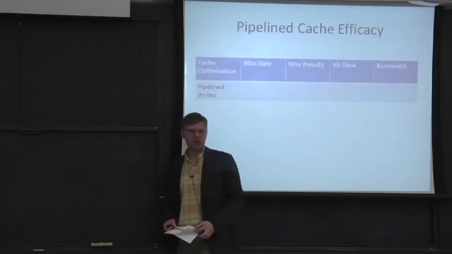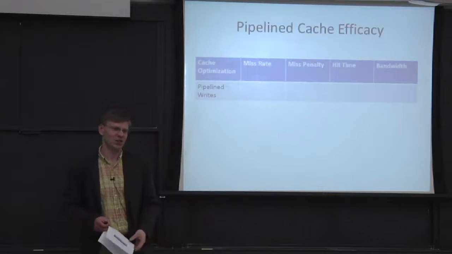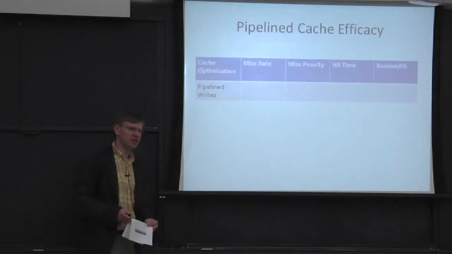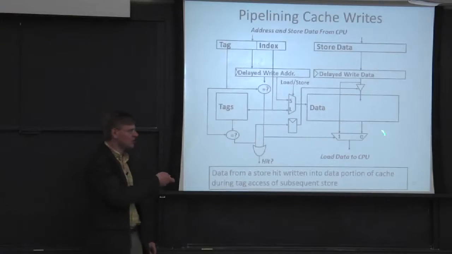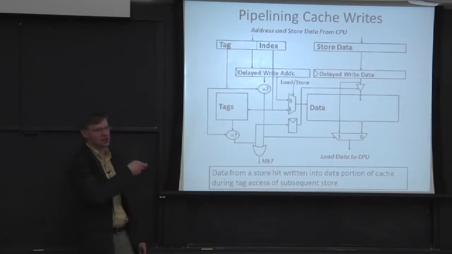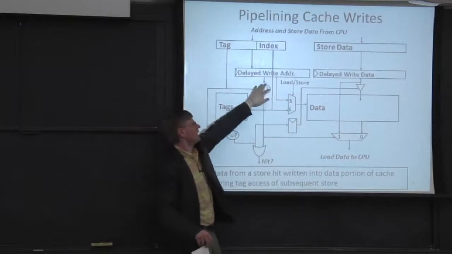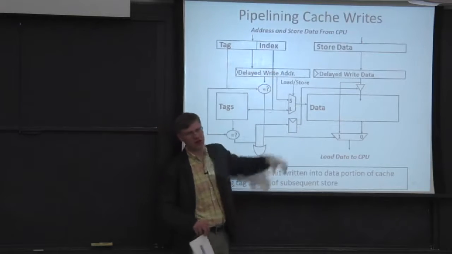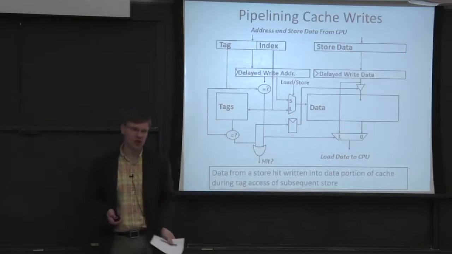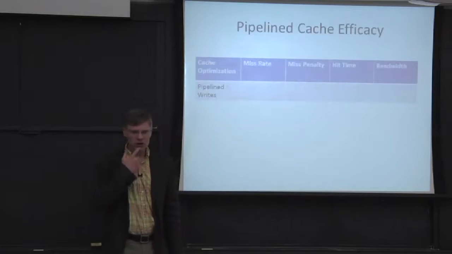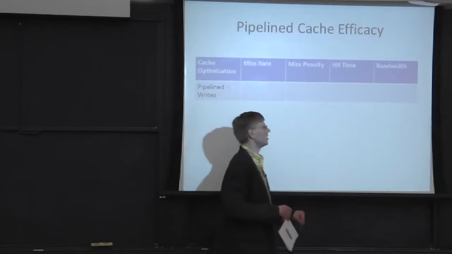But if you compare to, let's say, not having a cache or just having a big RAM there, it actually makes the hit time worse because we need to mux in multiple extra things here. We need to do this extra check, the associative check against our delayed write buffer data. So that actually hurts us a little bit. So, OK, that might be a plus or a minus.